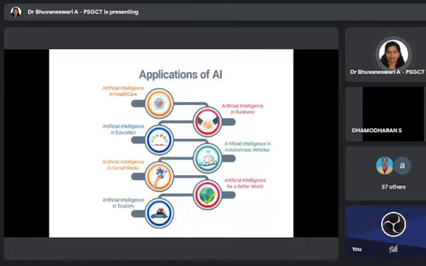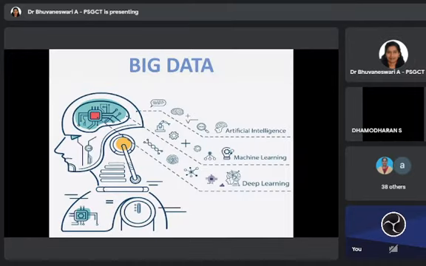Okay, so I hope all of you are familiar with the term big data. You would have heard somewhere, you would have come across different topics in big data. So when you say big data, it's the fundamental input, or we can say the backbone of AI.